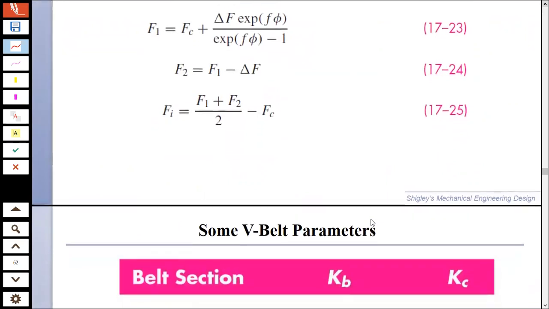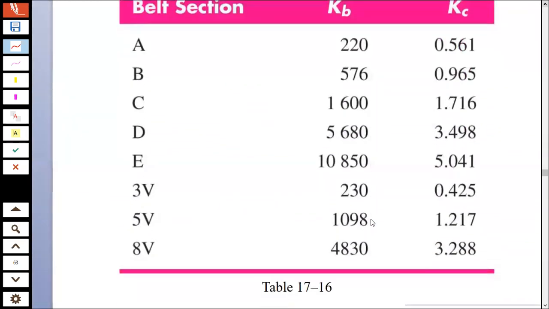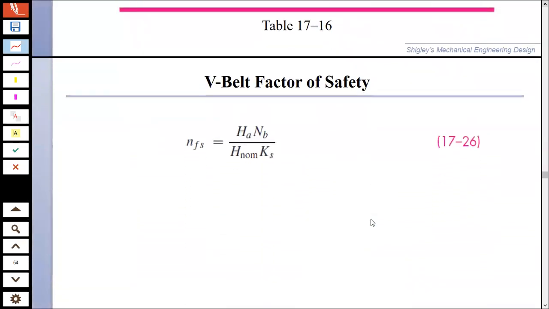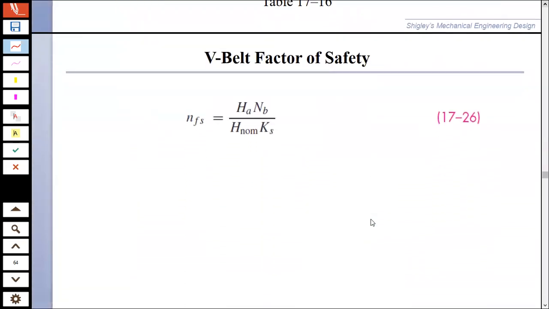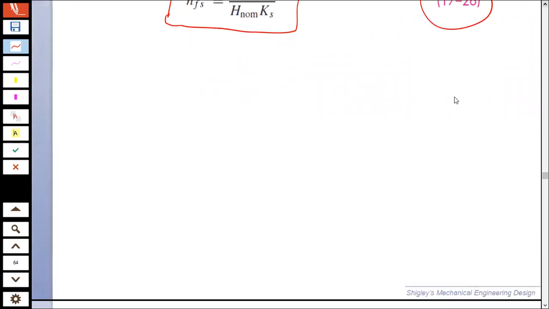You can calculate those using these equations. Regarding the factor of safety, if the number of belts is 1, then you don't need this. It will still be the same equation as for flat belts. But if you have a number of belts, then your NFS is equal to this, which is equation 17-26. Okay.